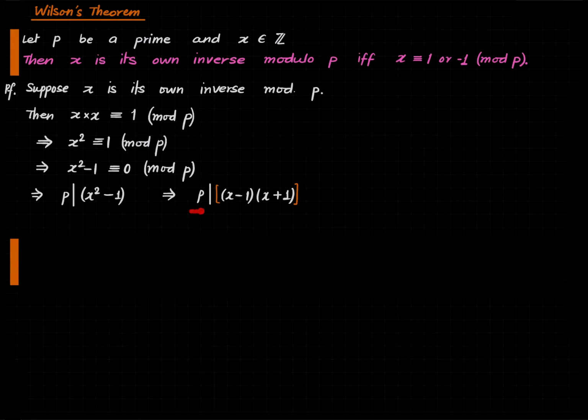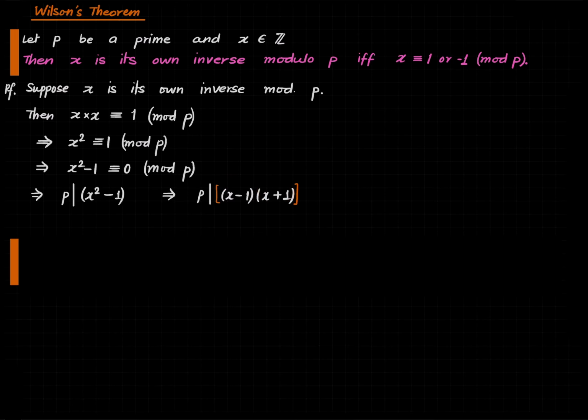But p is a prime, and as we know, if a prime divides the product of two integers, it divides at least one of them. So p either divides this or that, or both. But if p divides this, we have x congruent to 1 modulo p. If p divides that, we have x congruent to minus 1 modulo p, and we are done. So very simple.